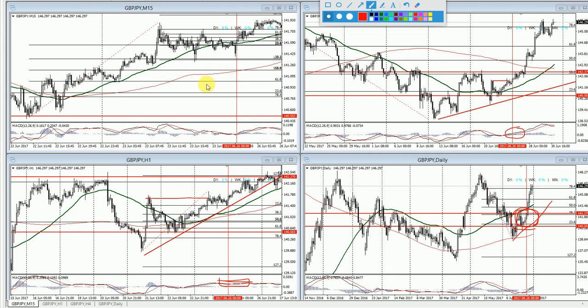So we are zooming down to the 15 minutes. We found there's an extensional pullback right in this area, combined with the Fibonacci retrace to the 38.2%. This is a perfect cluster for a continuation up pattern setup. So this is the continuation of the dimension 2 area. Let me check the triangle.